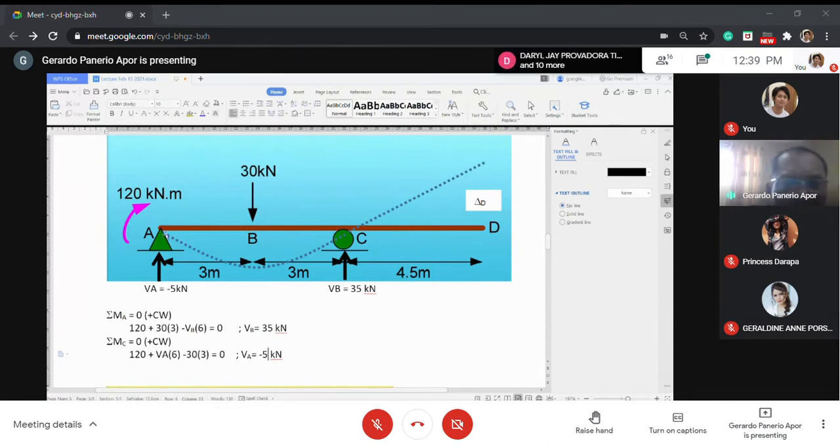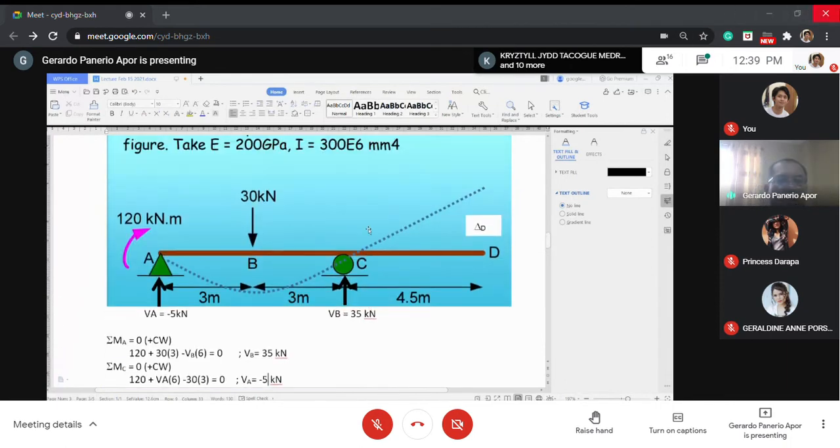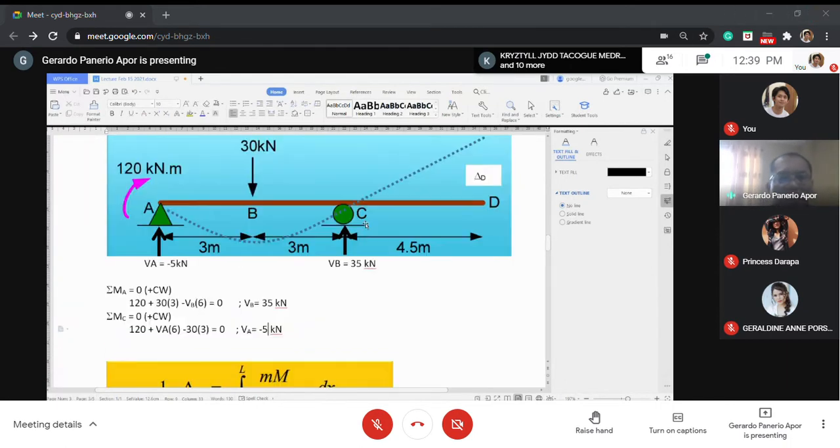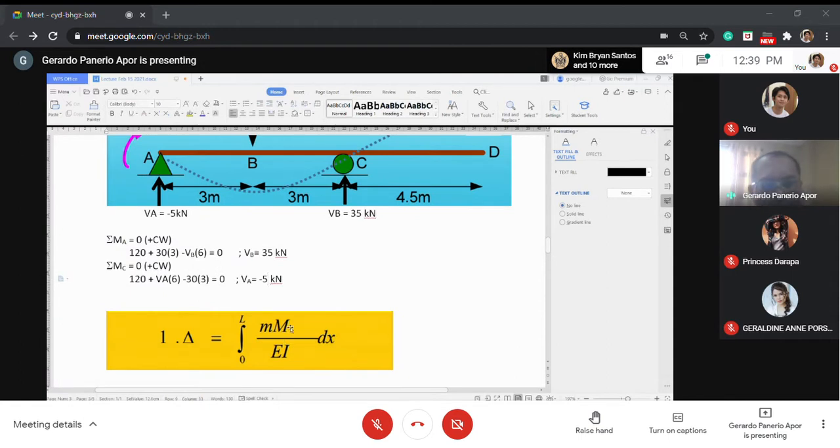Here, the load changes. Okay, AB has a different set of loading, BC a different set of loading, also CD. So we divide this into three. That's why the moment equation, big M and small m, is threefold. So you will have MAB, MBC, and MCD.